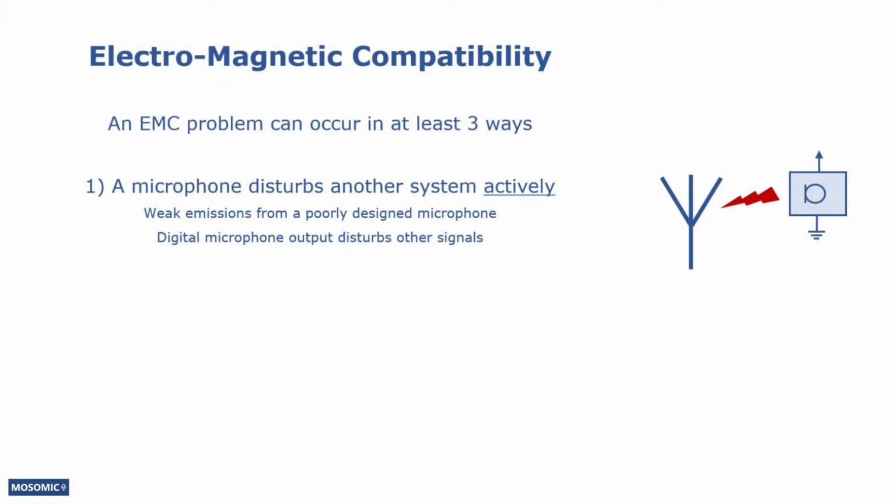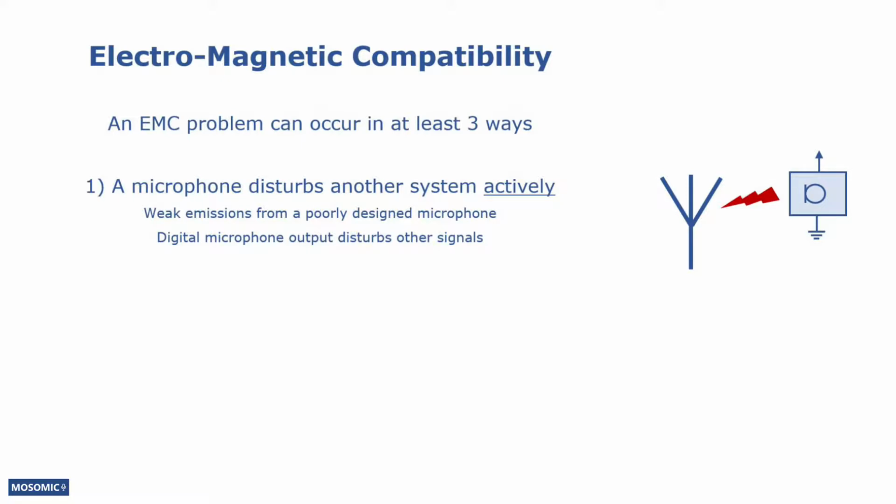Electromagnetic incompatibility can occur in at least three ways. The first is that the microphone disturbs the other systems in the device actively. A poorly designed digital microphone can emit disturbances that may affect, for example, an antenna that is located very close to the microphone.